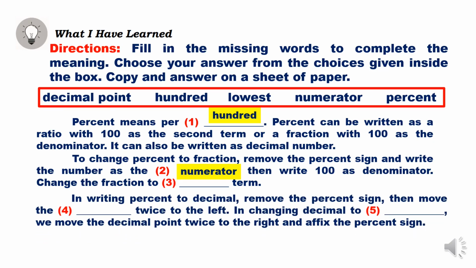In changing percent to decimal, remove the percent sign, then move the decimal point twice to the left. In changing decimal to percent, we move the decimal point twice to the right and affix the percent sign. So 3 minutes for that. Time starts now.